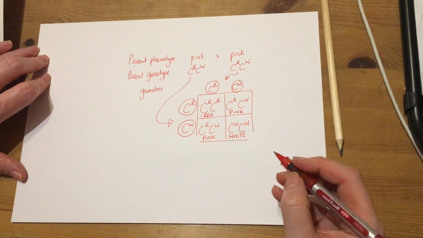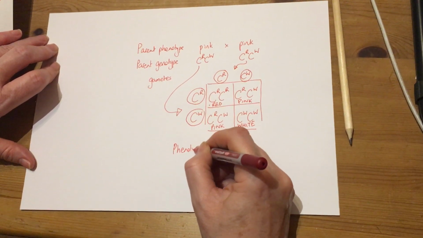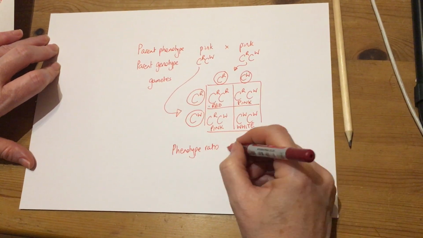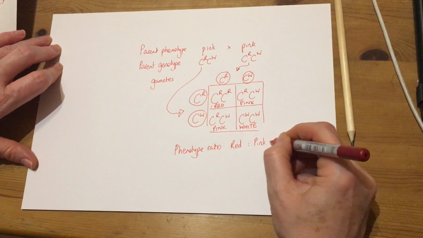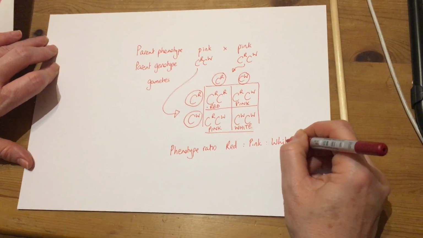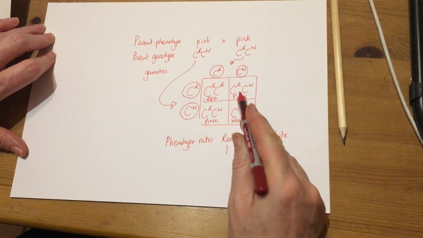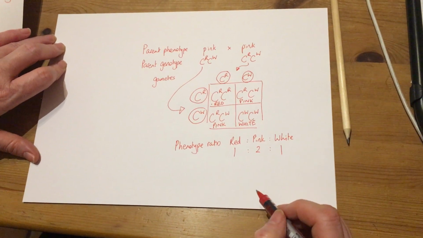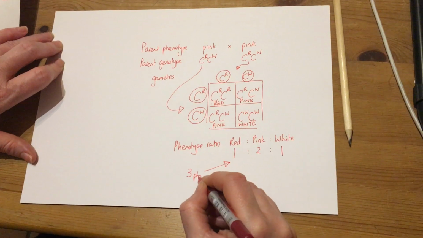So now when we do our ratios, our phenotype ratios, we've actually got red and pink and white in a 1:2:1 ratio.